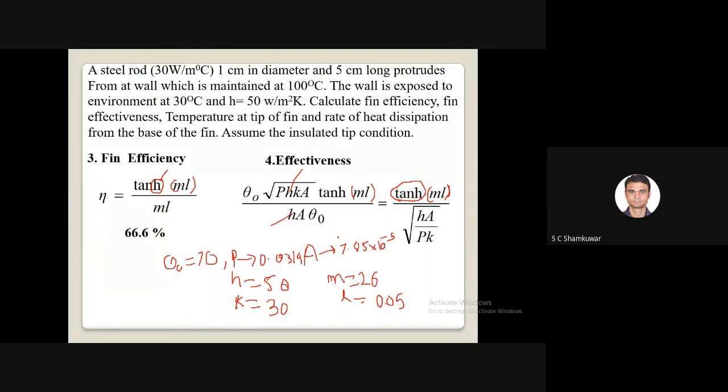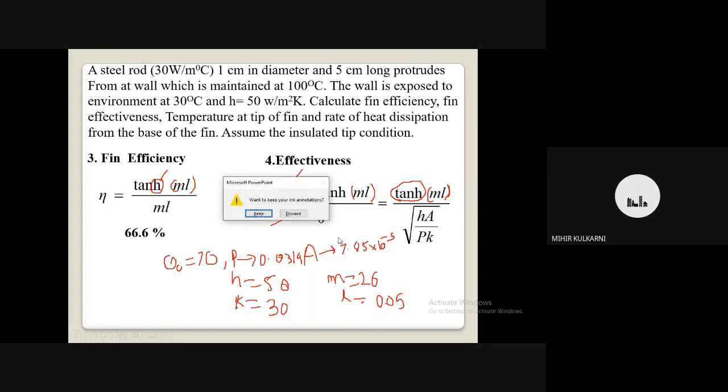Last time we saw how to calculate tan H using the calculator. Mihir, can you repeat how to find tan H? Sir, there is an option in our calculator saying HYP, hyperbolic.